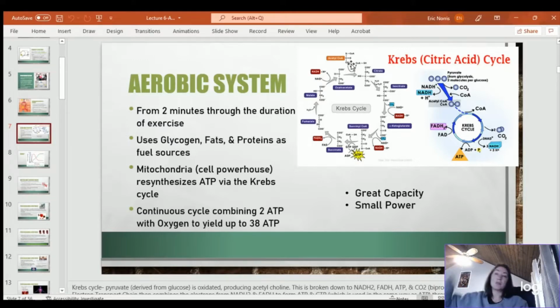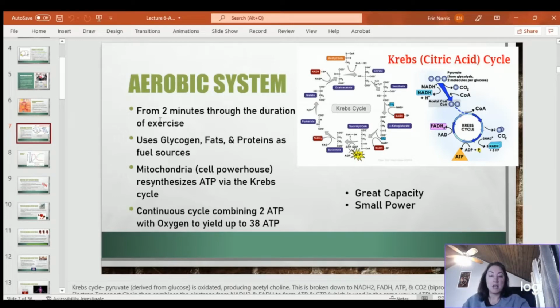That's why it's a cycle and a circle. As byproducts are being produced, it's able to use some of those byproducts to continue the cycle. So it sets itself up to constantly regenerate.